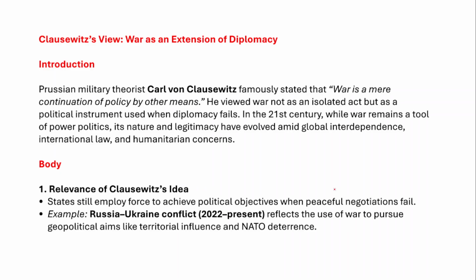Now in the introduction, you could briefly introduce Karl von Clausewitz. This particular theorist is a Prussian military theorist, and he famously held that war is a mere continuation of policy by other means, right?